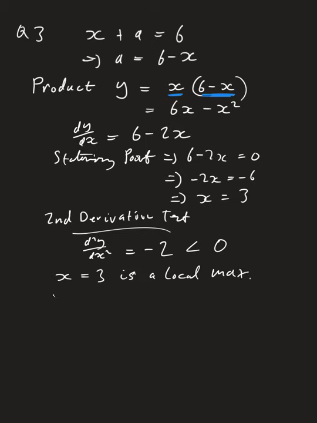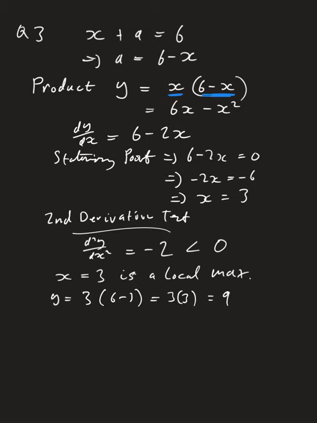So at x equal to 3, y is equal to 3 times 6 minus 3, which is 3 times 3, equal to 9. So the answer I'm getting for this local max is that both numbers are 3. They add up to 6, and their product is a local maximum of that function.